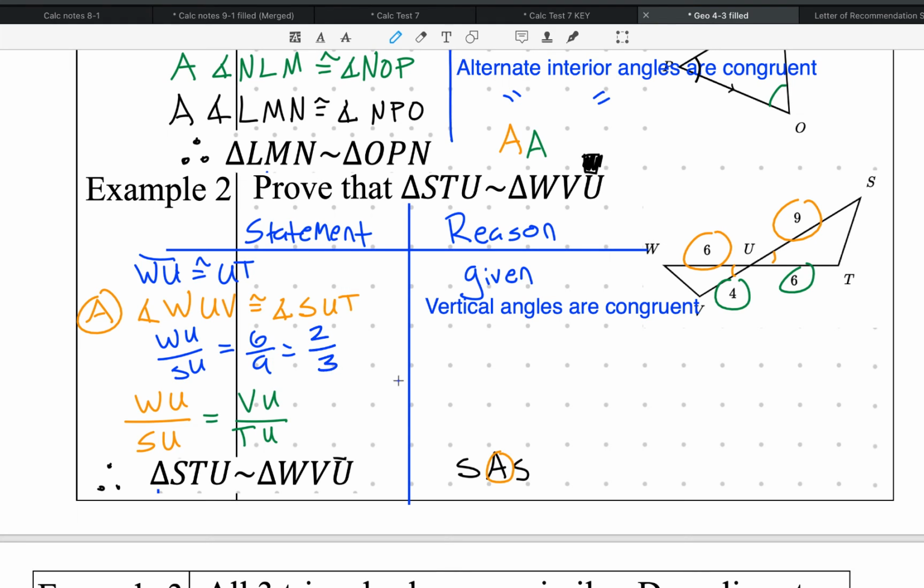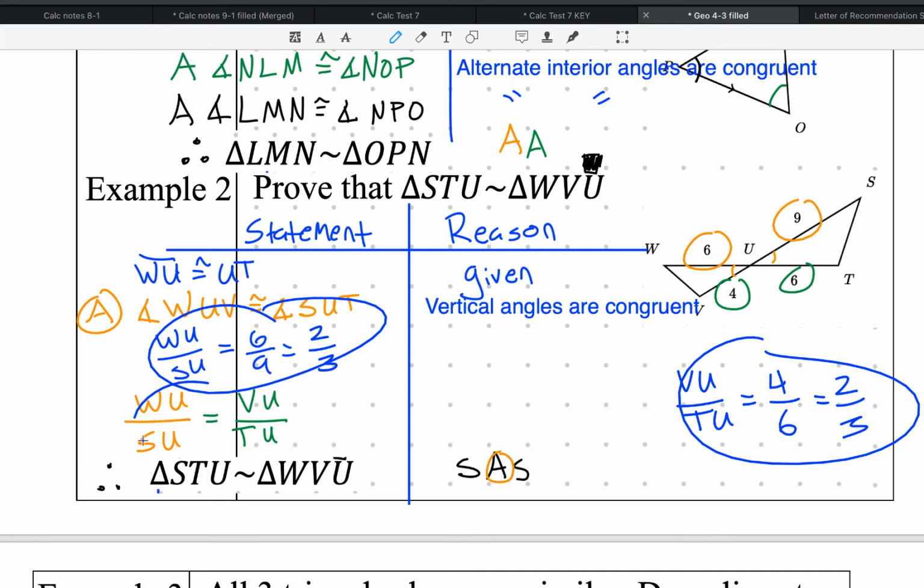And then VU over TU is also equal to 4 over 6, which reduces to 2 over 3. And then after you do this and this, you can set them equal to each other. That's kind of how Khan Academy does it. I'm okay with you jumping right down there and just saying substitution. I know that having it this way does make it a little bit clearer.